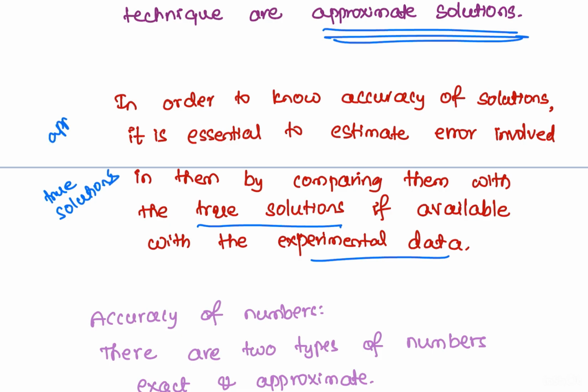The error is the difference between the true value and the approximate value. By doing so, we can find the error involved in that particular numerical method.